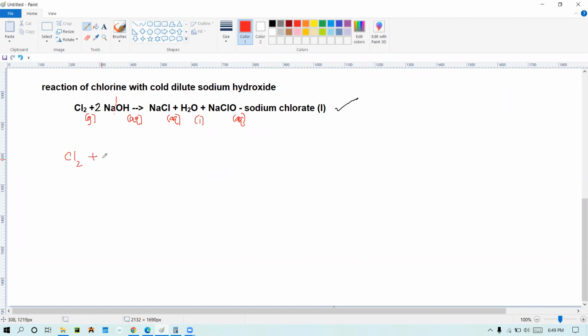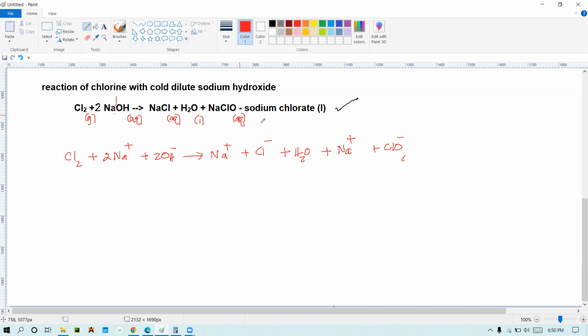Now here 2 sodium hydroxide means 2 Na plus, 2 OH minus, giving sodium chloride, which is also aqueous. So I write Na plus, aqueous, plus Cl minus. And then water is a liquid, you can't break it down. And the next one is sodium chlorate. It is aqueous. We have to break that into sodium plus and ClO minus.